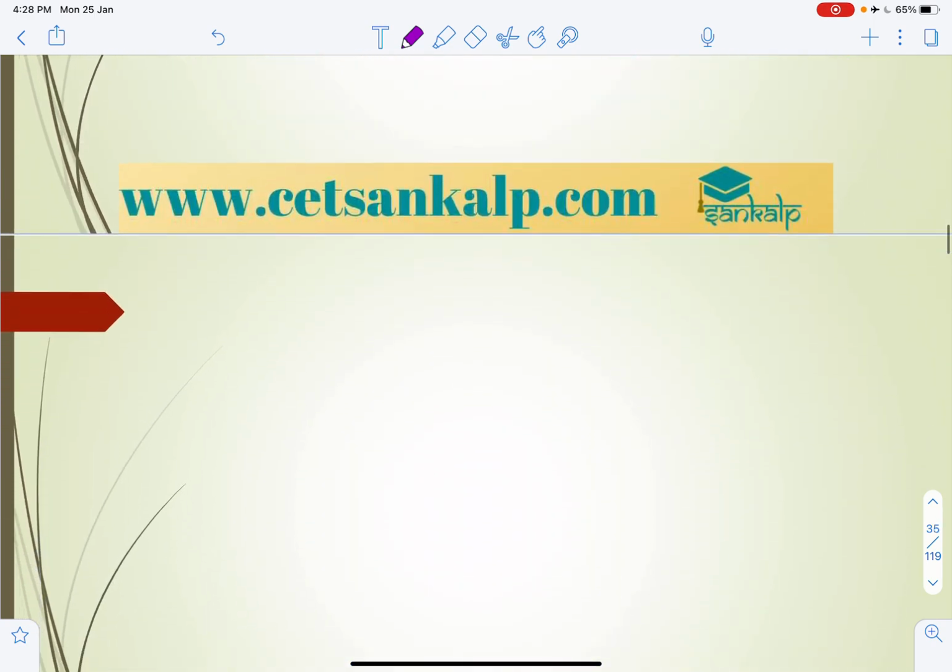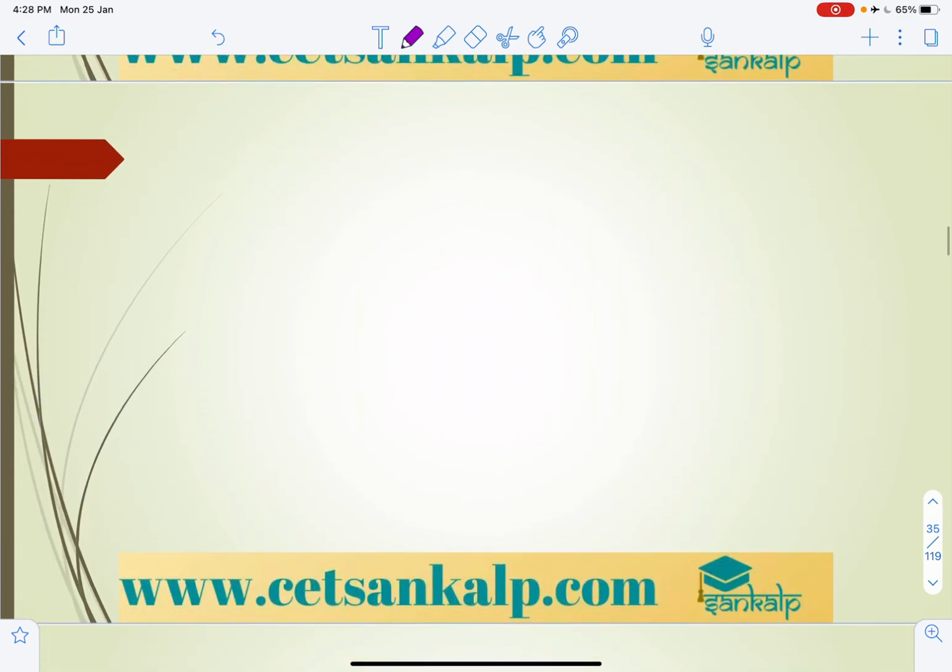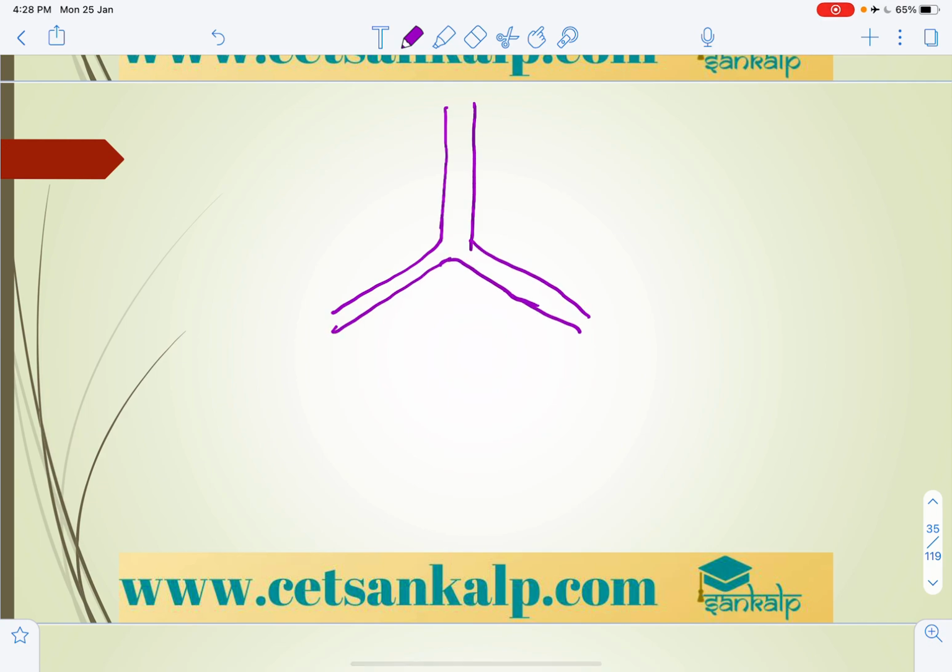First, the lung structure. Here is a rough diagram to understand this. The trachea divides into two bronchi, and the bronchi enter the lung surface.